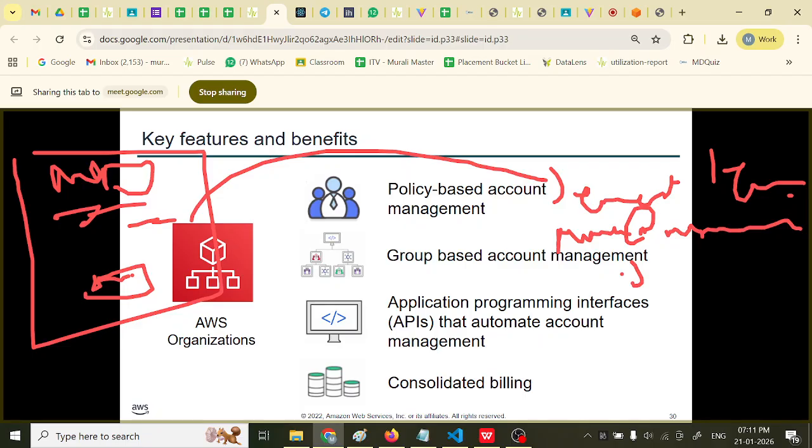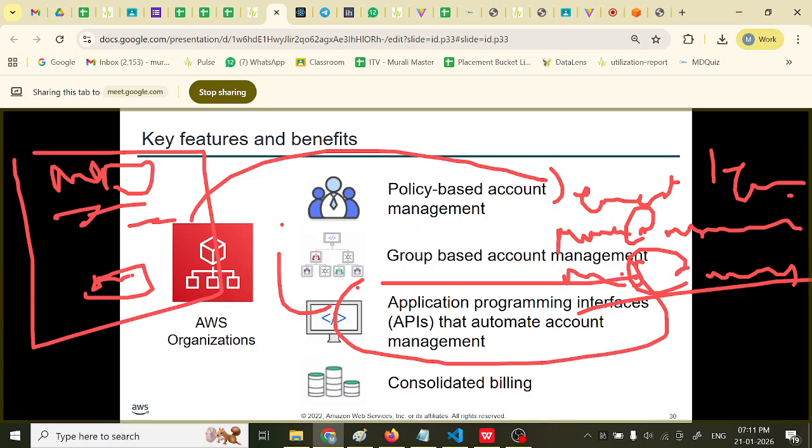How is it happening? Because they have set up automation in the backend. Same thing in the cloud, we can set up automation for creating an AWS account and the user account. It will get created. That is called API programming.